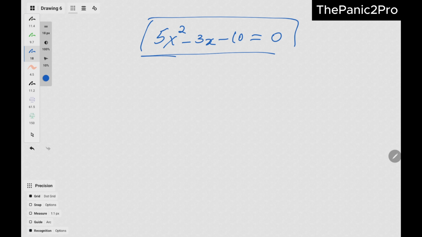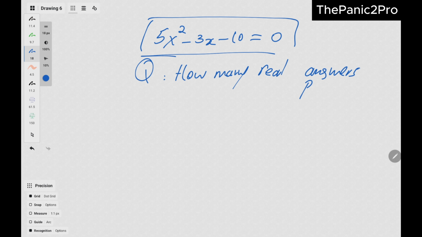Let's say I have 5x2 minus 3x minus 10. So my question is, how many real answers or roots can I have in this equation? Just comment that below. How many? 1, 2, none. Which one?